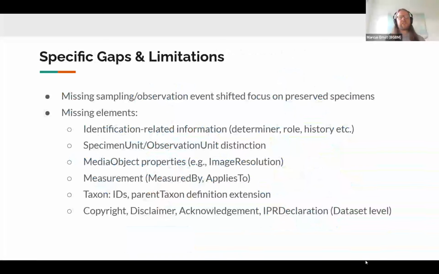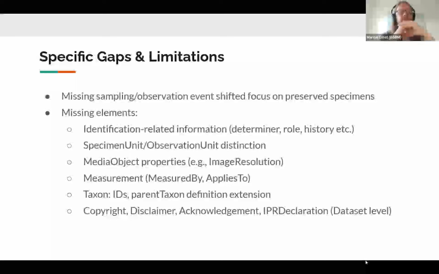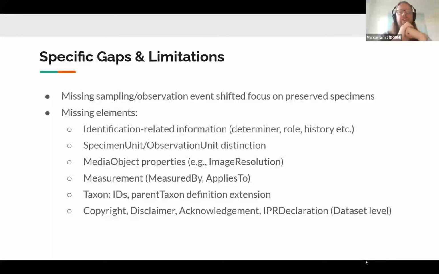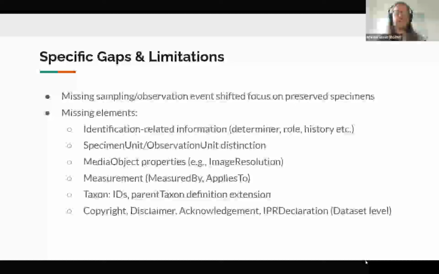This slide summarizes the major gaps we encountered. One central limitation is the absence of a proper sampling or observation event, which has so far pushed the work more toward preserved specimens than toward observations. Beyond that, several specific elements are still missing or insufficiently covered.